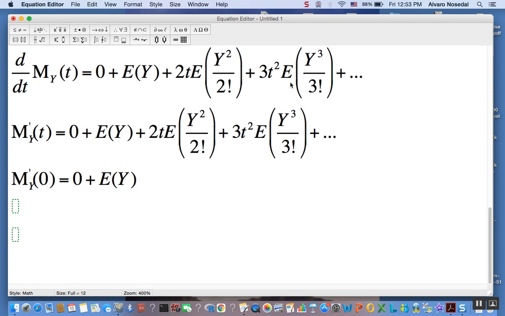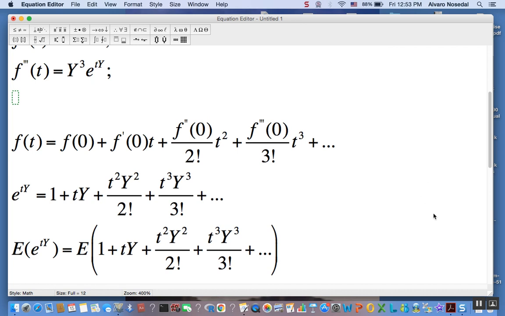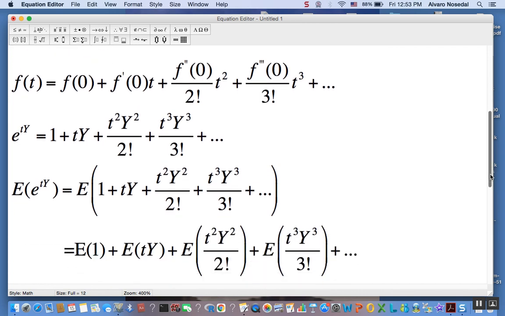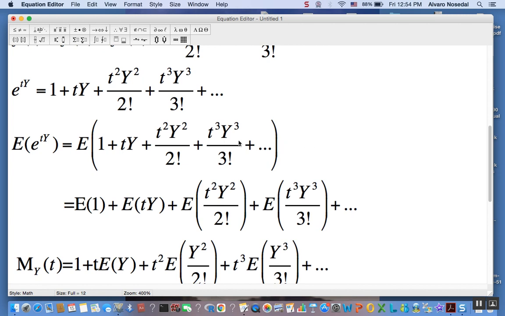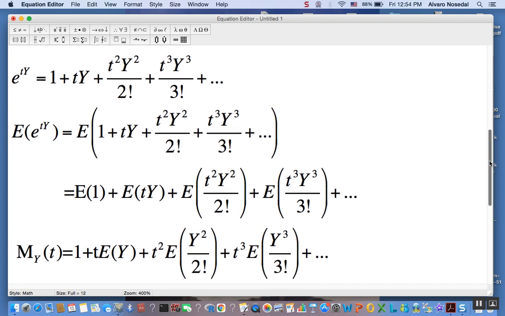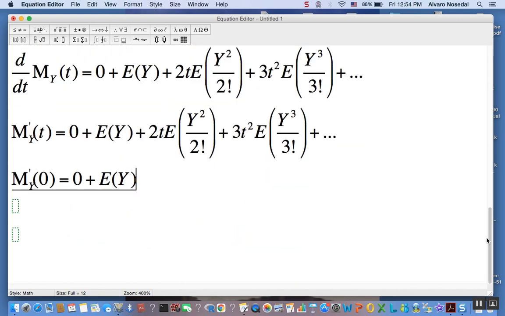Note that if we go back to the expansion, the Maclaurin series, the other terms will have t to a higher power, so t will be present in all the remaining terms. So when you find the derivative with respect to t, you will have terms that involve t. So when you evaluate it at t equals 0, all of them will disappear.